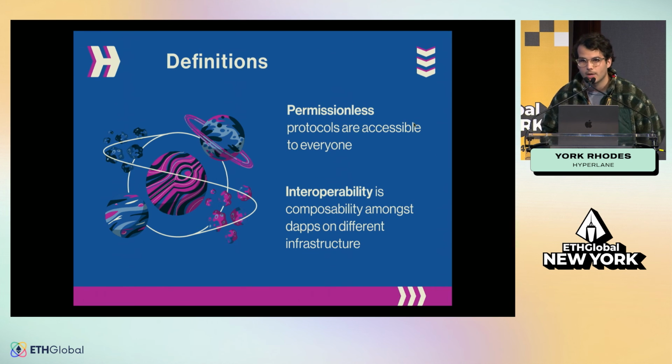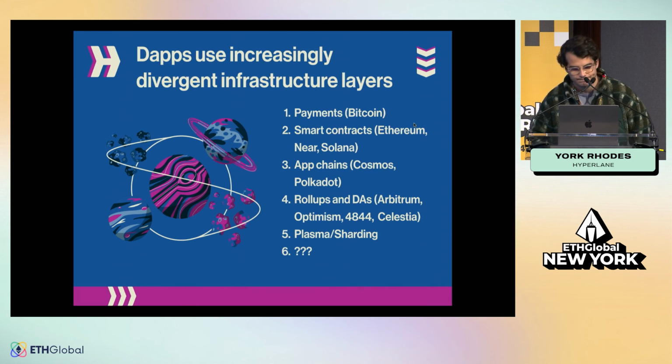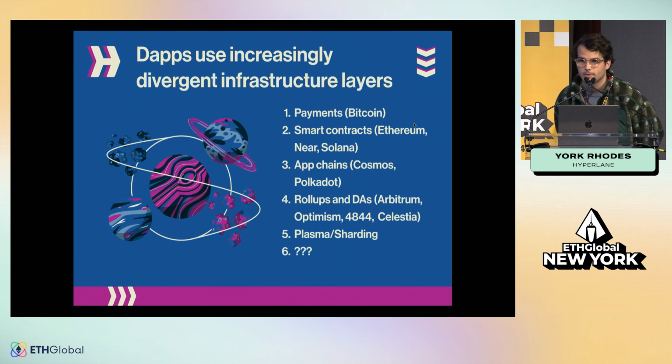So why do we care about permissionless interoperability? If you look at the trajectory of the ecosystem for the past decade or so, you'll see that we're increasingly using divergent infrastructure as dApp developers. We started with this payments application. It was on Bitcoin.